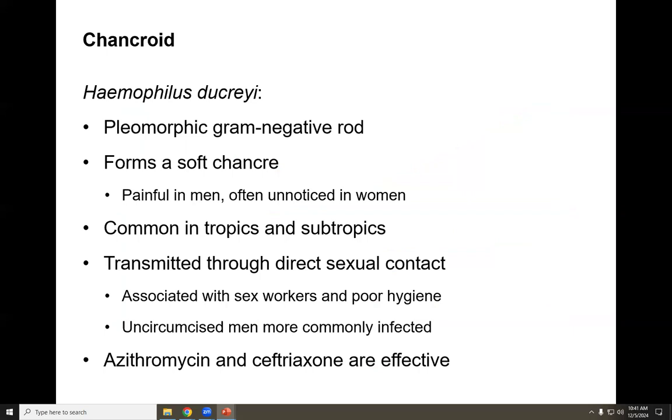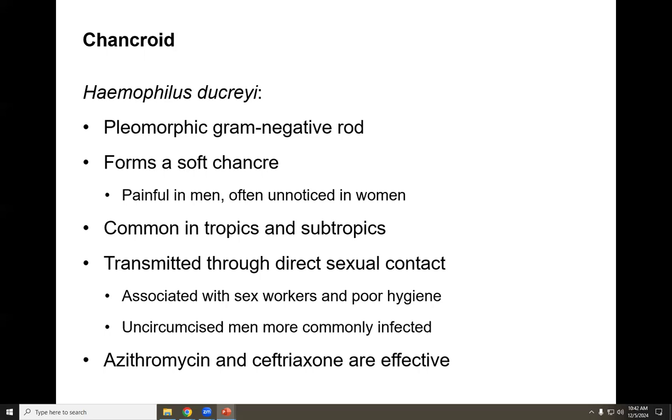But anyways, moving on, chancroid. This is caused by the bacterium Haemophilus ducreyi. This one has a chancre as well, but it's going to be a soft and painful one. So it's a more open, sore, gooey, sort of gross situation. Super painful for men, usually unnoticed in women, but if you have seen the pictures of this, I swear you would not understand how somebody would not notice this.